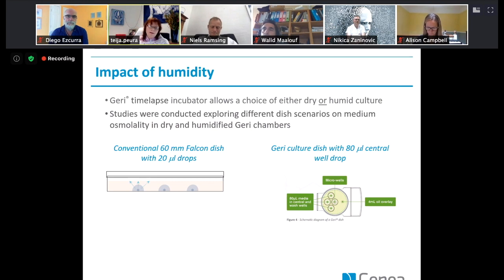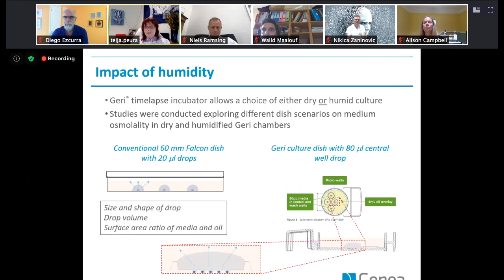The comparisons were done between the conventional 60 mm Falcon dish with 20 microliter drops, which used to be the previous standard for how embryos were cultured, versus the new Cherry culture dish used as per the manufacturer's instructions.